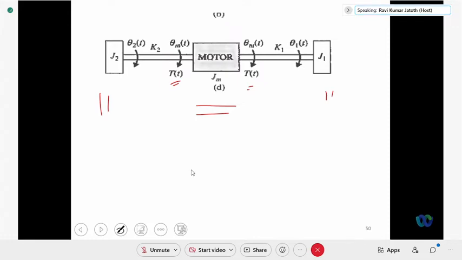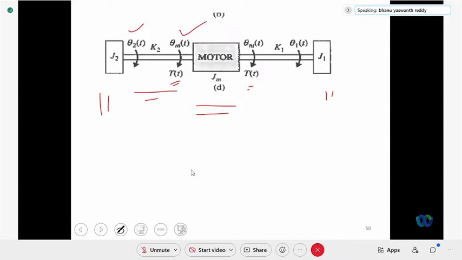Correct. Now this is connected to a load of moment of inertia J2, right? Now this shaft, the displacement here is theta m of t, but the displacement at the end is theta 2 of t. Which type of shaft is it? Rigid or non-rigid? Non-rigid. It is non-rigid.